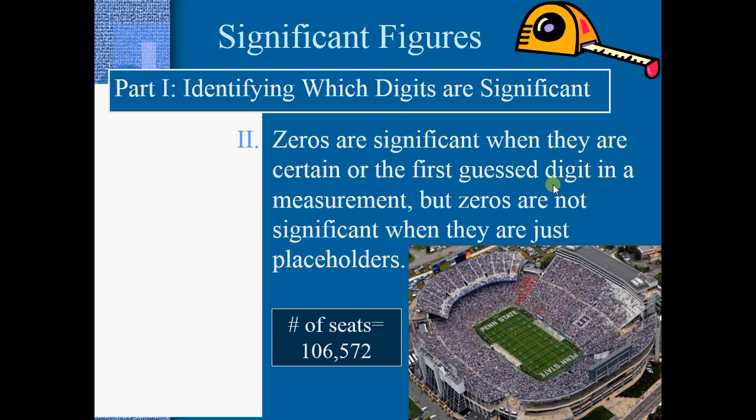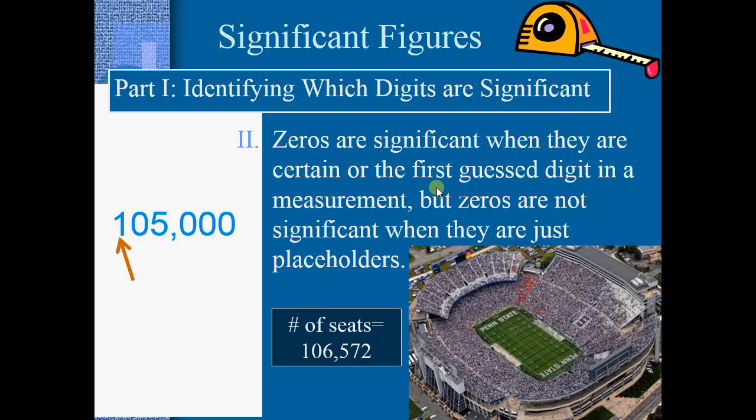So we might want to estimate, okay, how many people are at this game in this picture? I know there's 106,572 seats, and it looks like those are all pretty filled. I don't see very many empty seats. So we might come up with a reasonable answer that I think there's 105,000 people in this stadium in this picture, and that's a pretty reasonable answer.